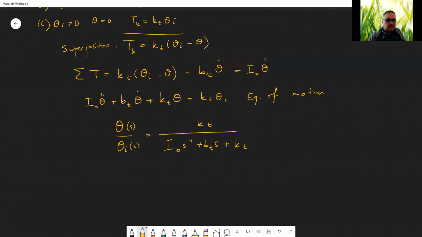So this will be the transfer function between the output angle and the input angle.